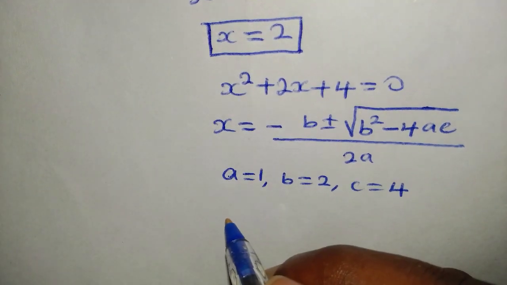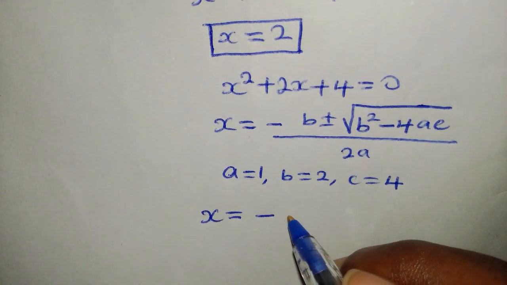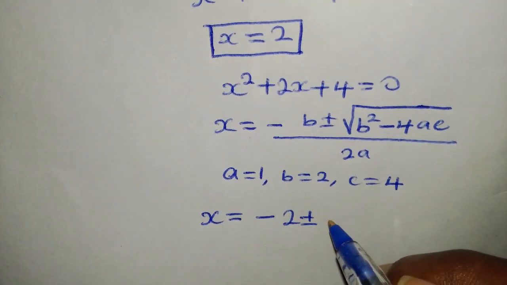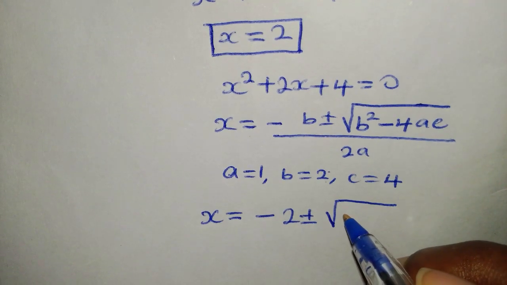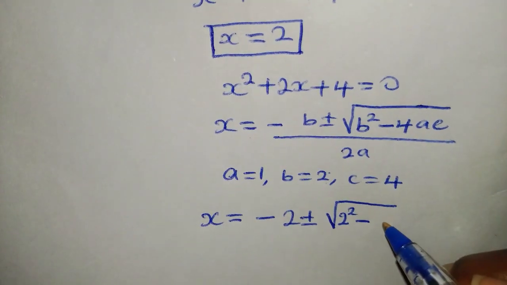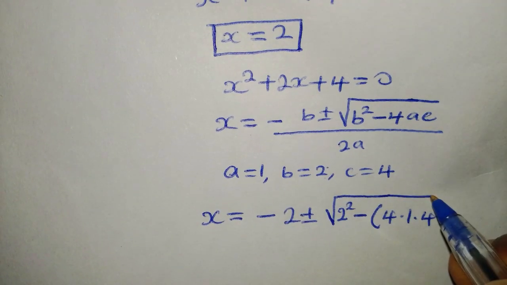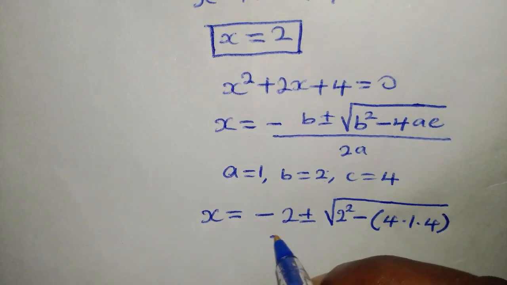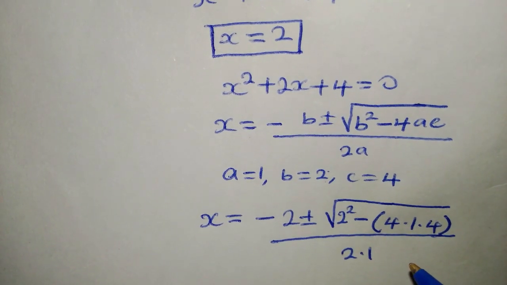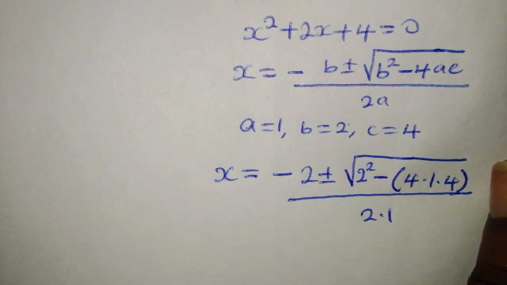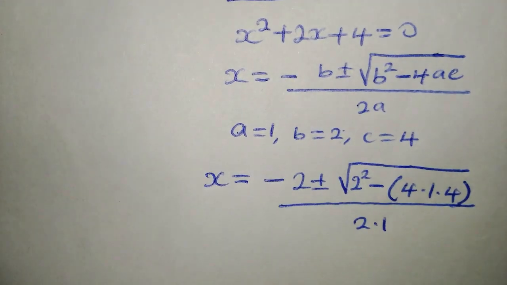We have x equals minus 2 plus or minus the root of 2 square minus open bracket 4 times 1 times 4, close bracket, divided by 2 times 1.